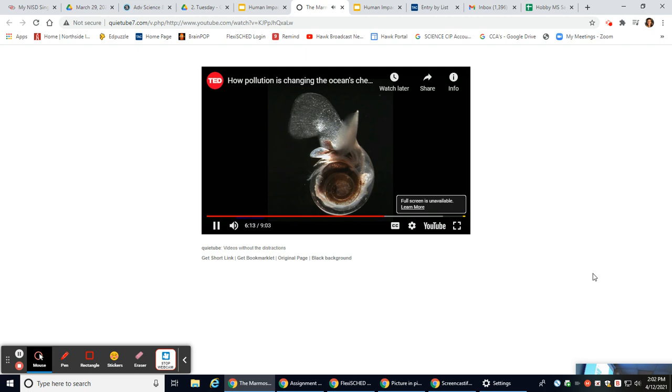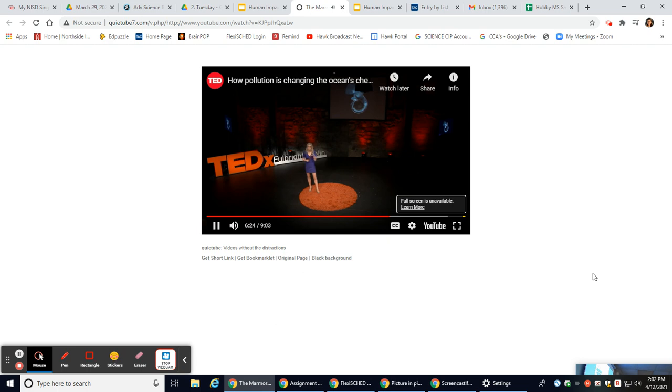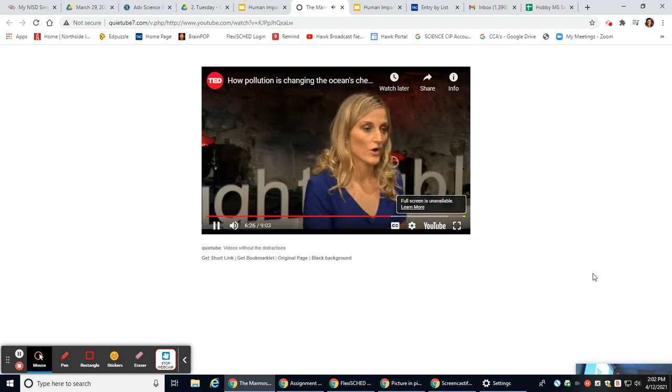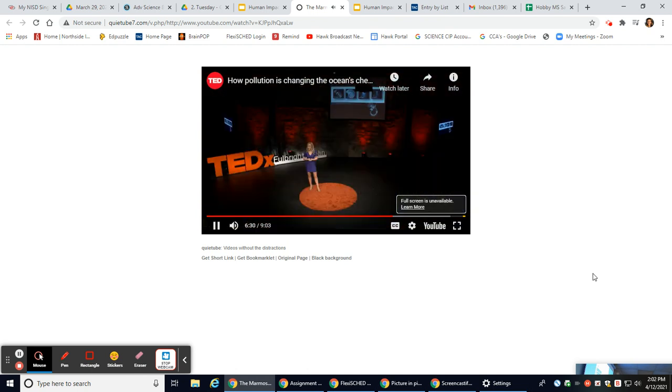This here is a pteropod. It's called a sea butterfly, and it's an important food source in the ocean for many species, from krill to salmon, right up to whales. The shell of the pteropod was placed into seawater at a pH that we're expecting by the end of this century.